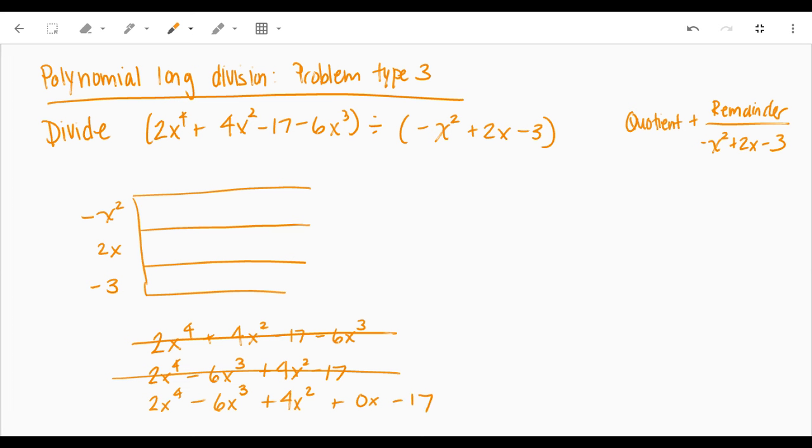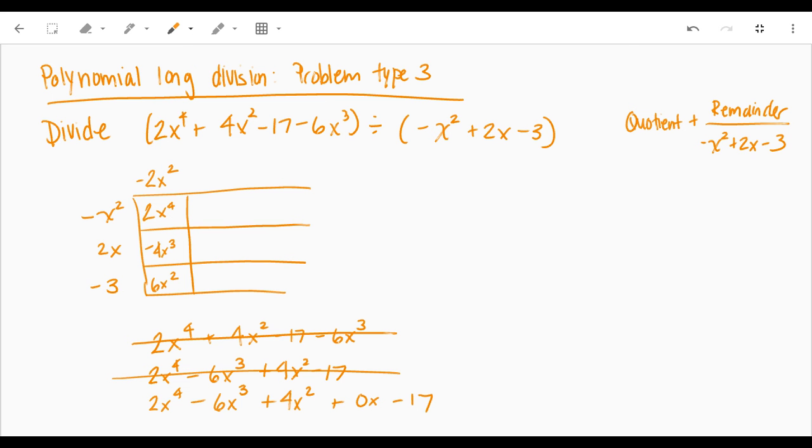All right, so our 2x to the 4th is going to go right there, which means we need a negative 2x squared. Don't let the negatives throw you off. It's no different than, negative times negative is positive. So then I'm going to have a negative 4x cubed here and a positive 6x squared.